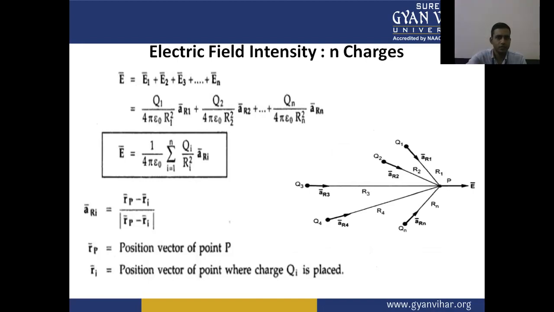Now, electric field intensity due to n number of charges is the vector sum E1, E2, E3 up to En.